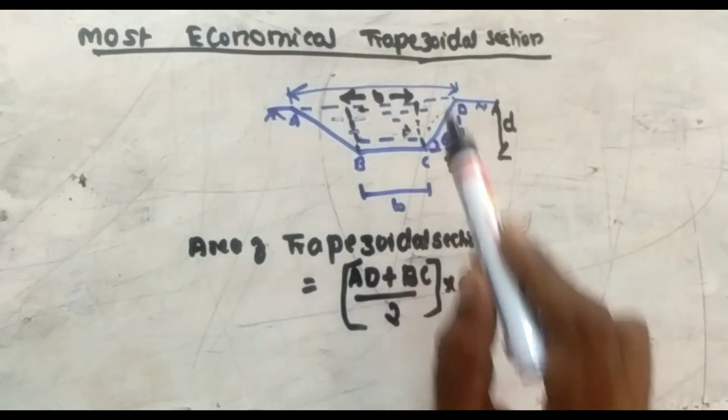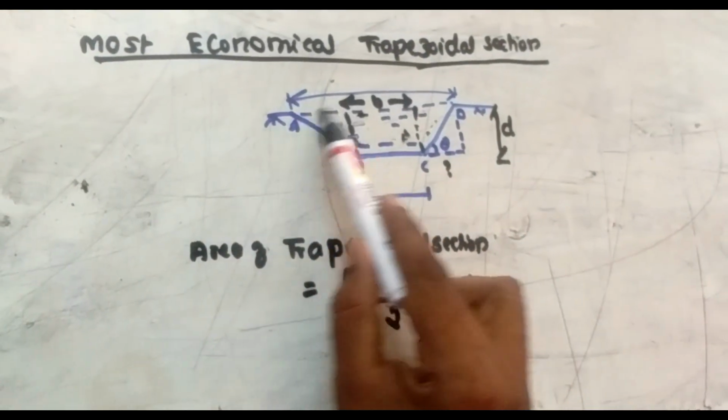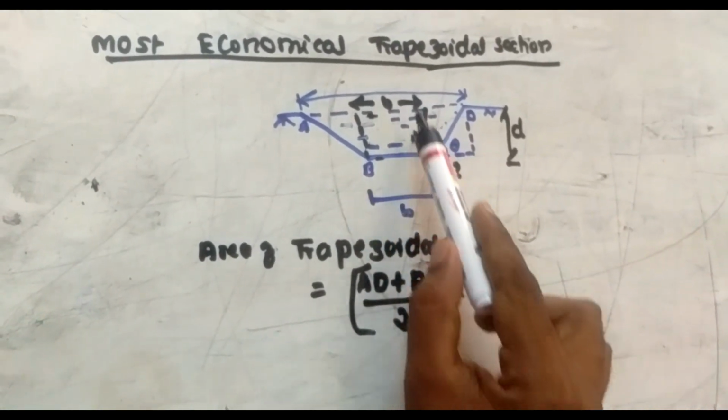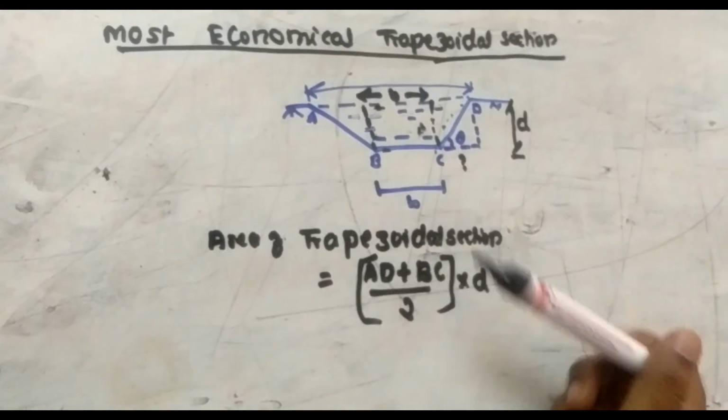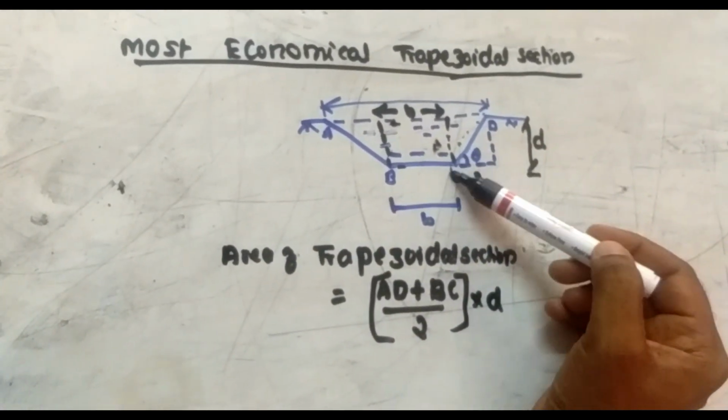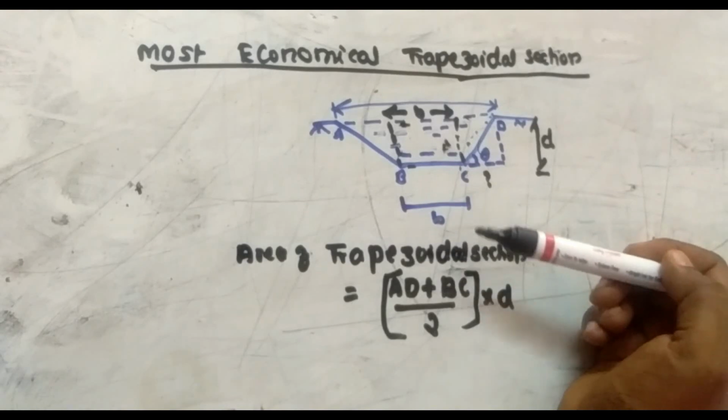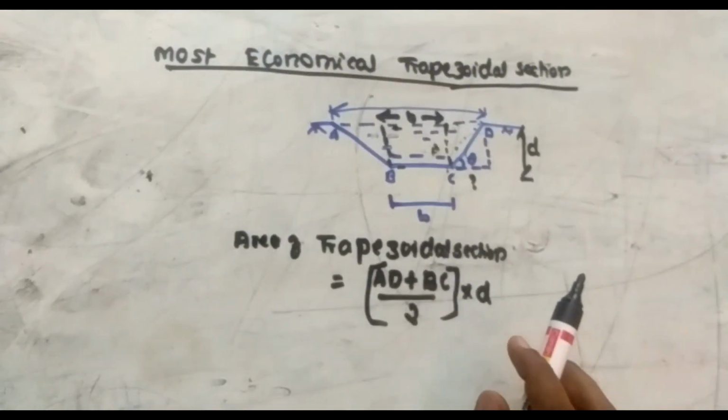Area of trapezoidal section is AD plus BC divided by 2 into depth. We need to find out this one. How can we find out this value?